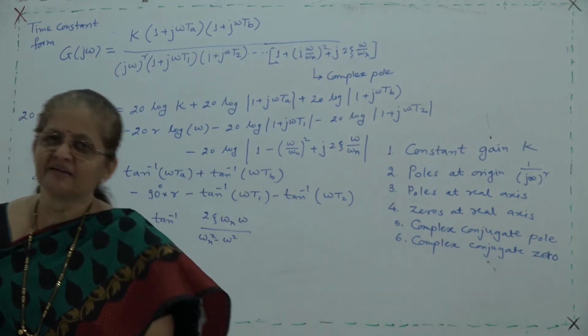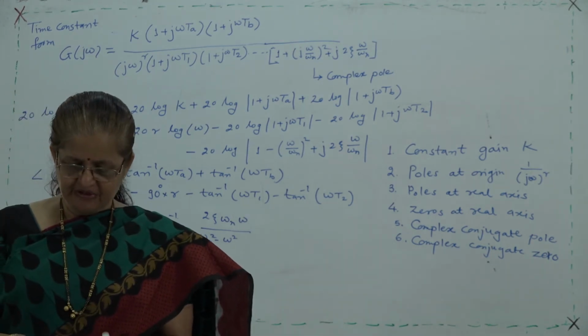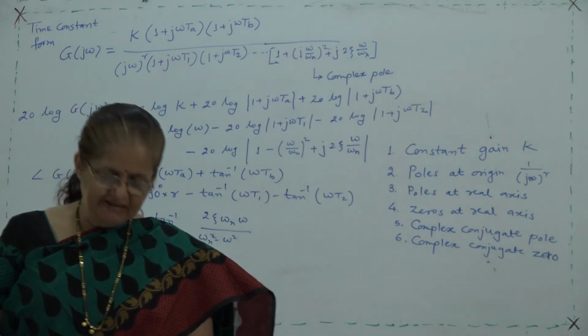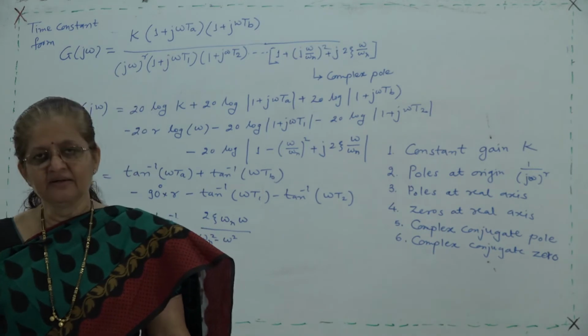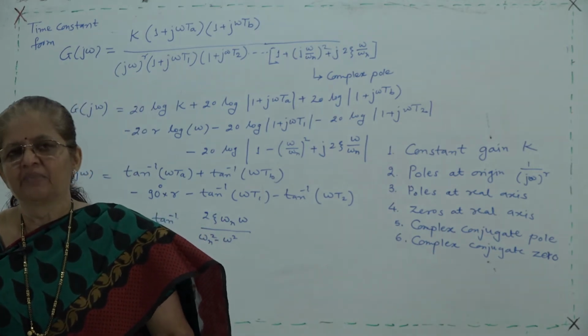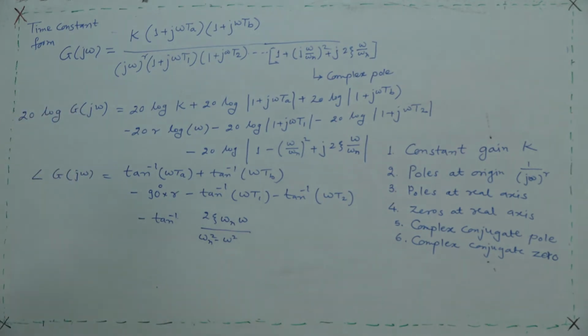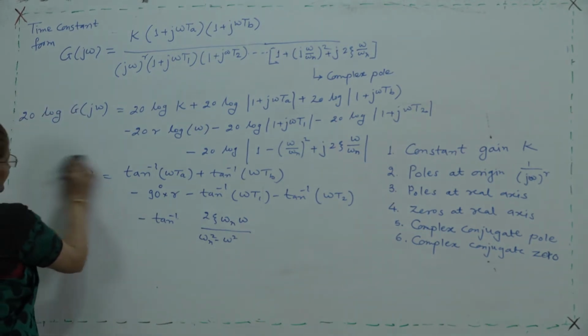No other term than this is in the transfer function. So, we should be able to draw first separately for each term and then we will see how to combine it. One by one we will try to find it out.